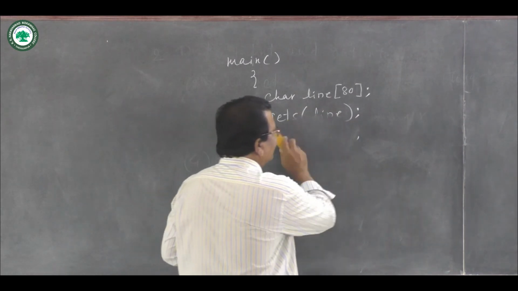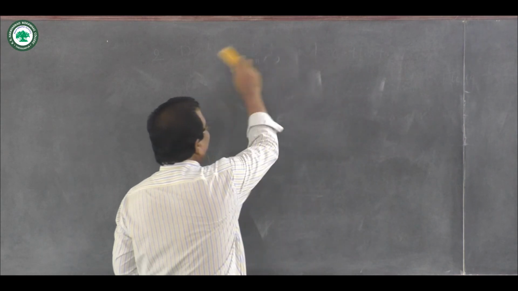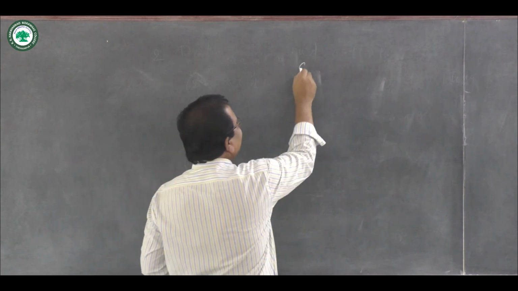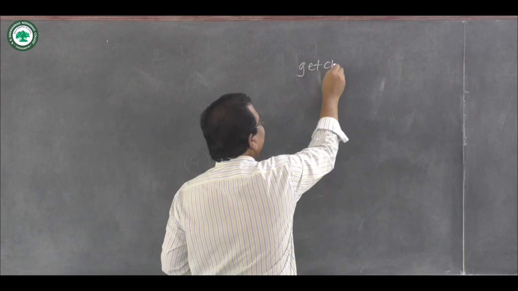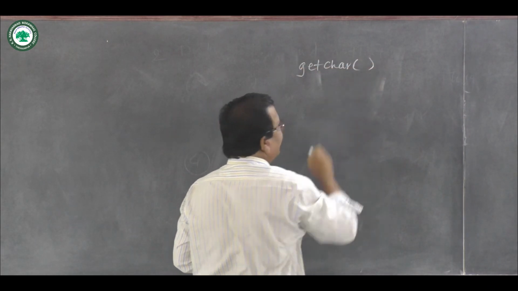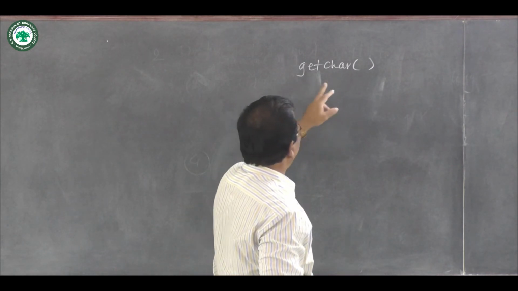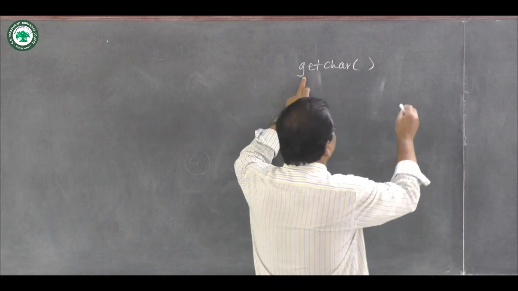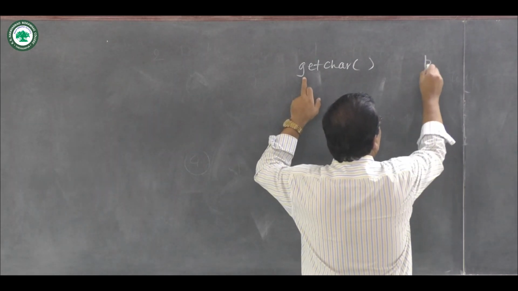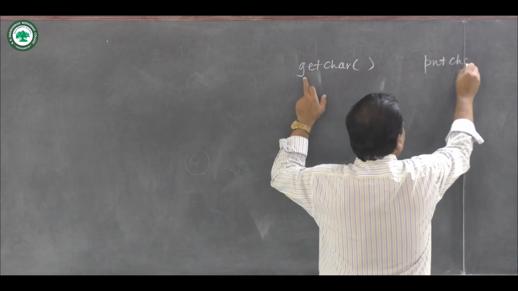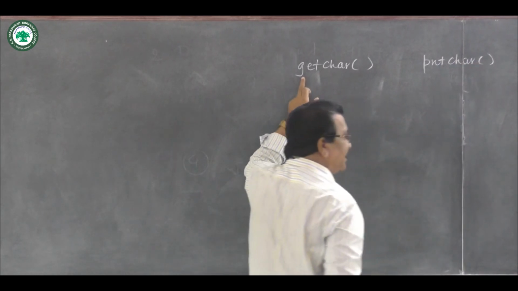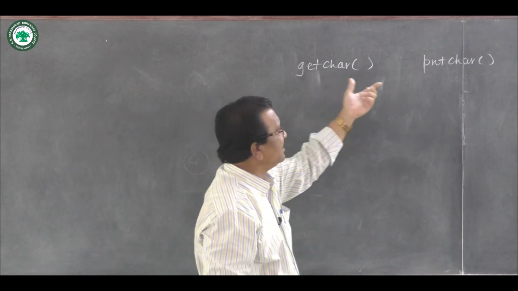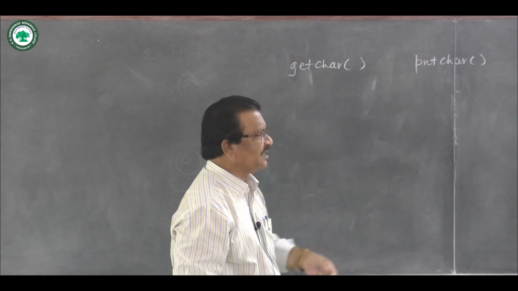In this way we have seen four functions. To enter a single character we have the getchar function, and being a function it must be followed by parentheses. Complementary to getchar, to output or display a single character we have the putchar function. getchar and putchar are complementary to each other: one is to enter a single character and the other is to output a single character.